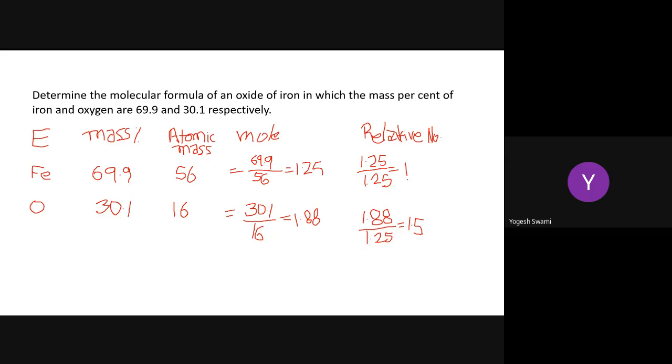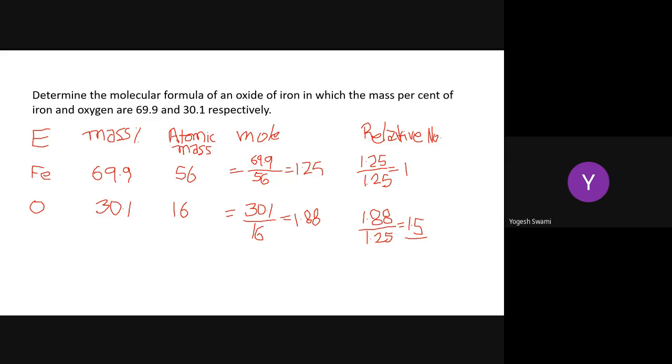So according to Dalton's theory, atoms can neither be created nor be destroyed. So that means कि हाफ एटम तो हमारे पास हो ही नहीं सकता है. ऑक्सीजन का हमारे पास आंसर कितना आ रहा है? That is 1.5. One complete atom and half an oxygen atom. It is not possible because atoms can neither be created nor be destroyed.